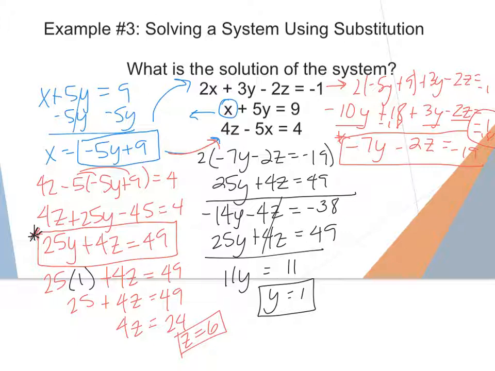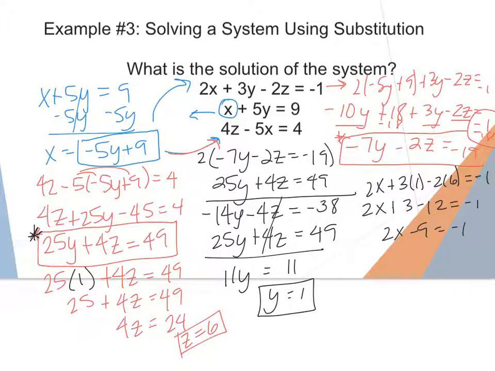Okay, so when I substitute y and z into my first equation, I'll have 2x plus 3 times 1 minus 2 times 6 is equal to negative 1, which is 2x plus 3 minus 12 equals negative 1. 3 minus 12 is negative 9.